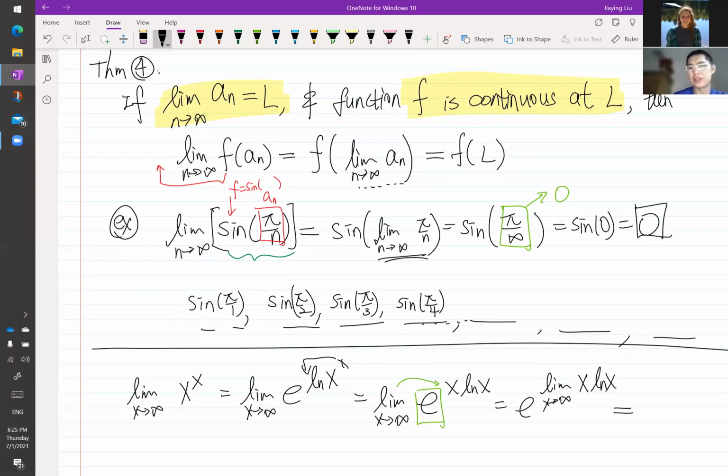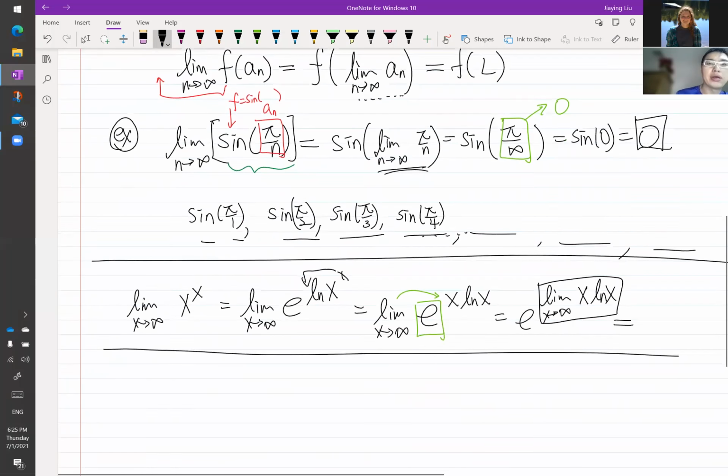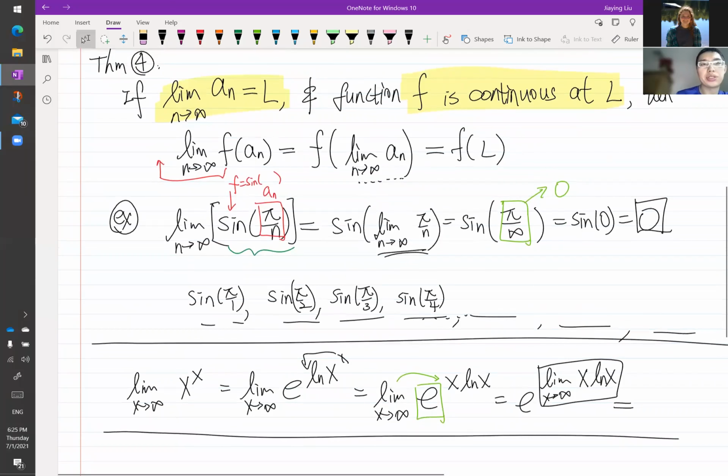So we find the limit of the exponent first and then find e to that limit. That's the same thing because e is a continuous function, just like here. It's basically the same idea. I just want to point that out. Any comments or questions?